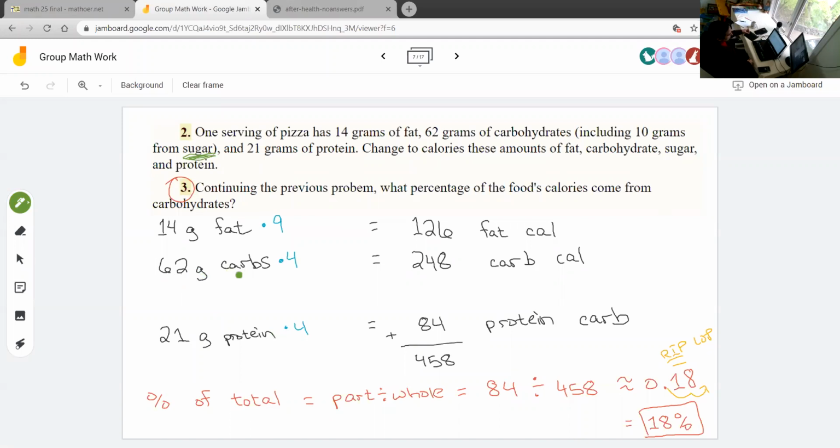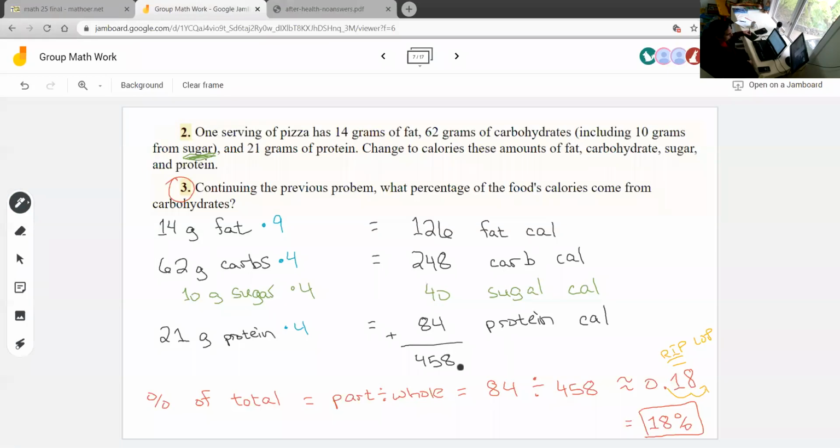Of these 62 carb grams, there's also 10 grams of sugar. Those are part of the carb grams because sugar is a kind of carb. So we are doing a times 4 again, and we're getting 40 sugar calories. Whoops, I had a typo here. This should say calories, not carbs. But the 40 isn't part of my total.